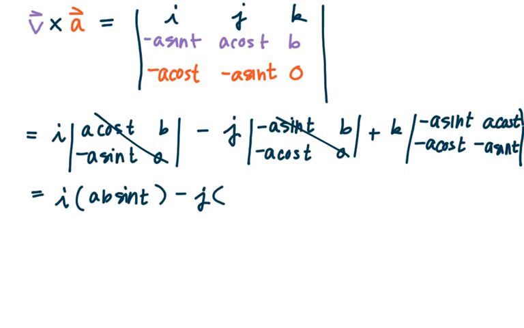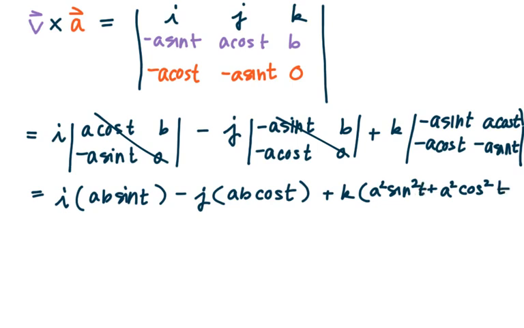Minus a negative will be positive ab cosine t. Plus k, crossing, I'll get positive a squared sine squared minus a negative a squared cosine squared, so plus a squared cosine squared t. Leaving my t's off there.